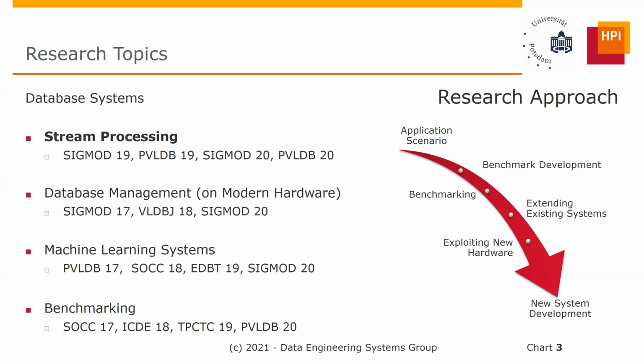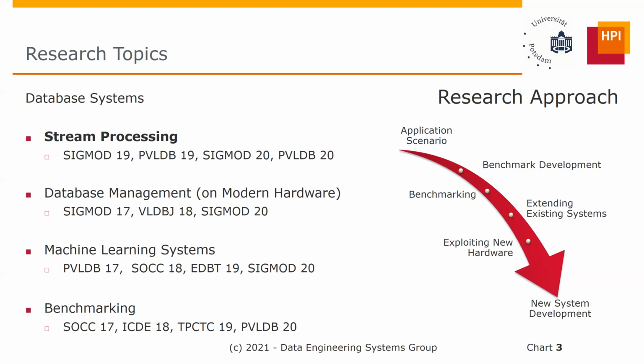And so this is the next iteration in a lot of our research. So looking at what do current systems do? What do they provide? And where are the bottlenecks? And especially where are the bottlenecks if we look at a certain application? And then we try to extend existing systems and sometimes exploit new hardware. So hardware constantly changes, so there's always something to do here.